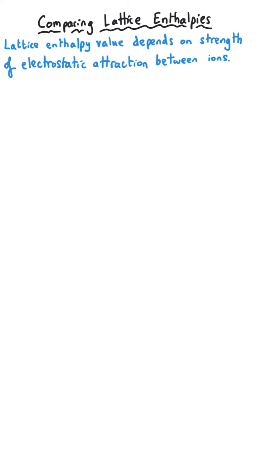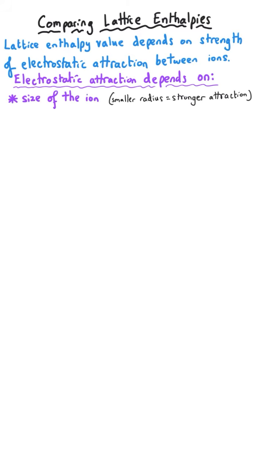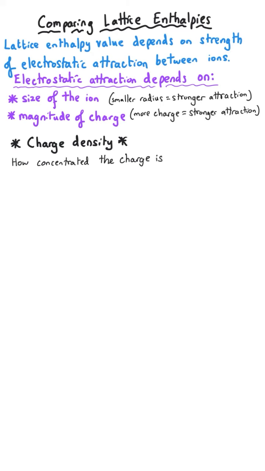These electrostatic attractions depend on the size of the ions and the magnitude of the charge on the ions, and these are often rolled into one term, which is referred to as the charge density. That is quite literal: it is how concentrated the charge of a particular ion is.